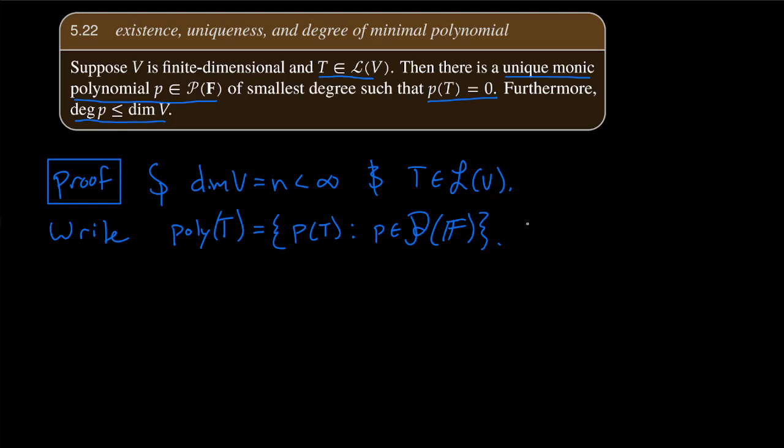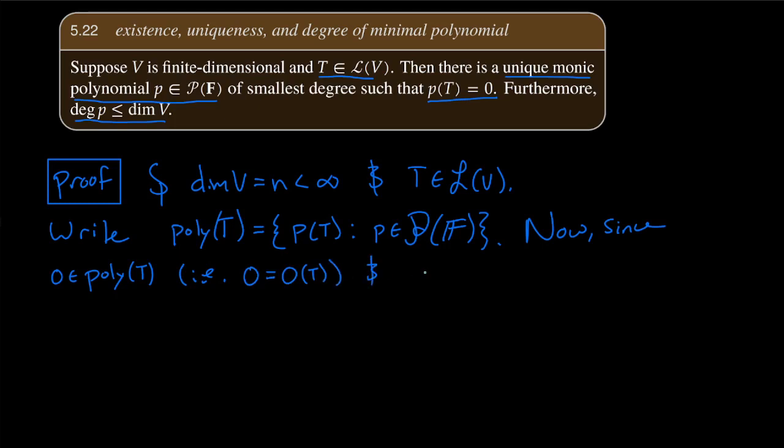Okay. Now, since 0 is in Poly(t), i.e. the 0 polynomial applied to t.